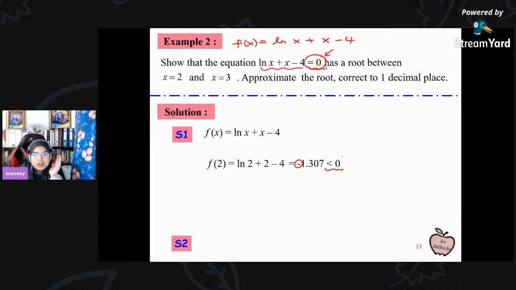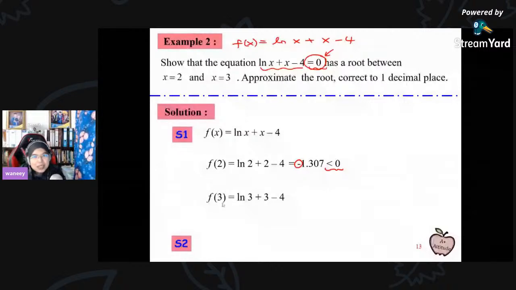Now substitute with x equal to 3. We get f(3) is equal to ln 3 plus 3 minus 4. Again, use your calculator. What is the value of ln 3 plus 3 minus 4? Is it positive or negative?